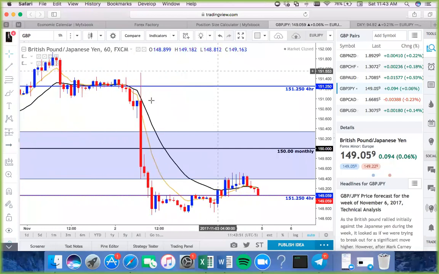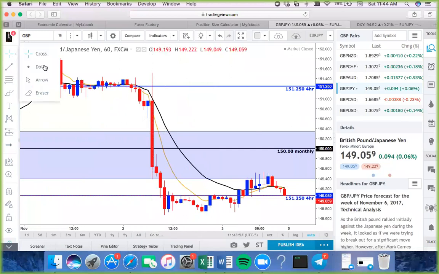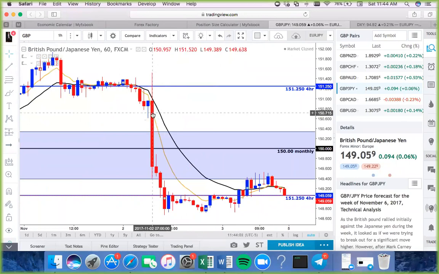What this means, if we look at this candle right here, is that if I put my cross on here, these numbers tell me the open of the candle, which is where the top of the body of the candle is, the high, which tells me where the top wick is, the low, which tells me the bottom of the body of the candle, and the close, which tells me the furthest that the wick went down here.